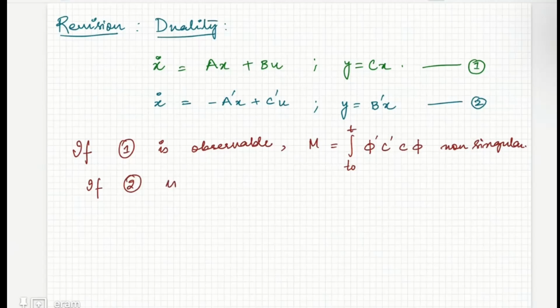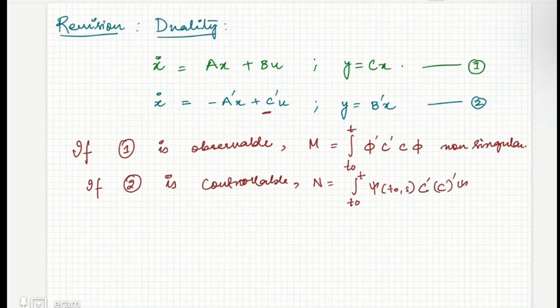Now for system 2 to be controllable, again we can find some matrix N where we can write the state transition matrix, and here we have the controllability matrix as C transpose and then the transpose of this one.